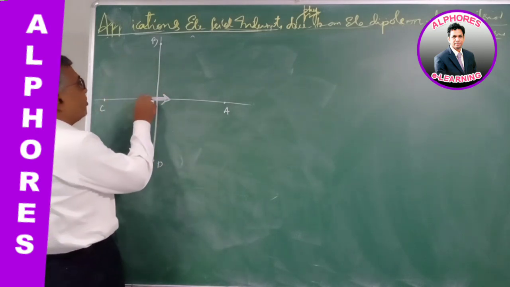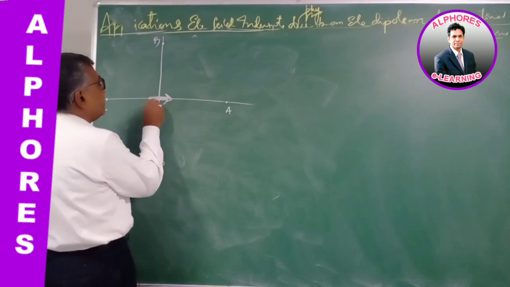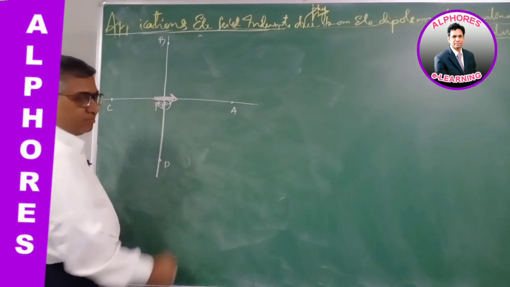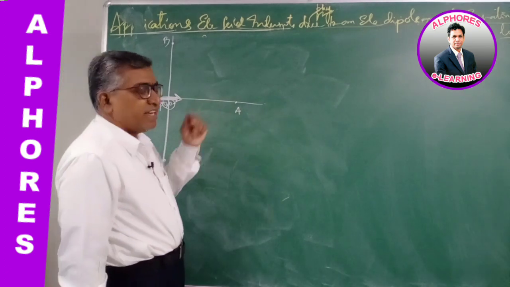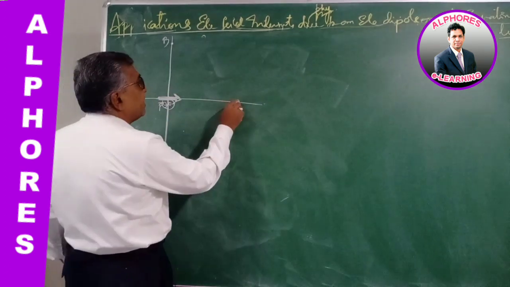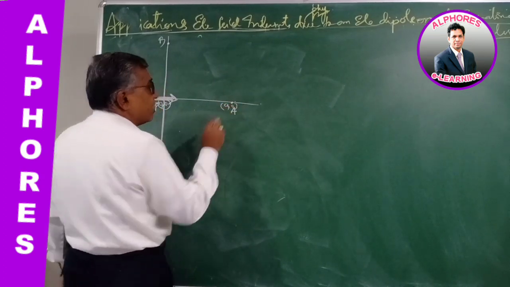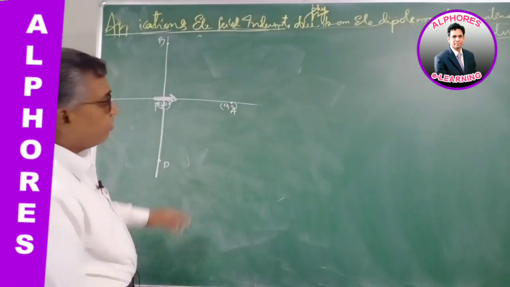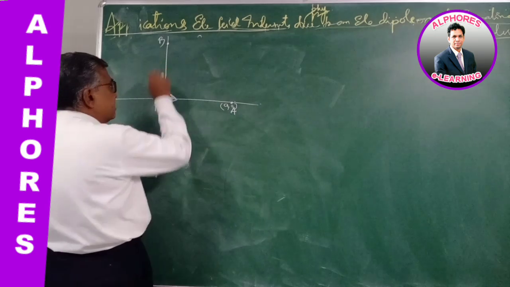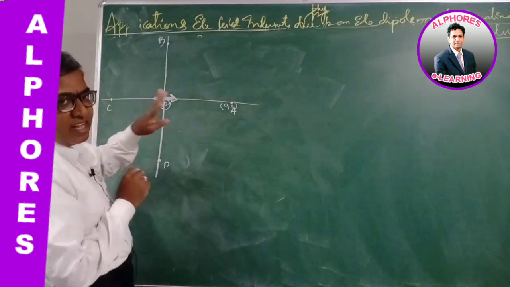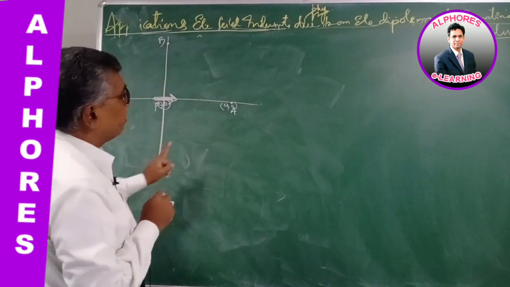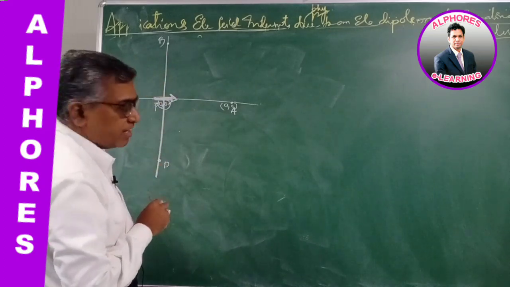So the dipole is initially at the origin 0, 0. Point A is on the x-axis, having coordinates a, 0. Point B sits at the same distance from the dipole. All 4 points A, B, C, D are at the same distance from the dipole.